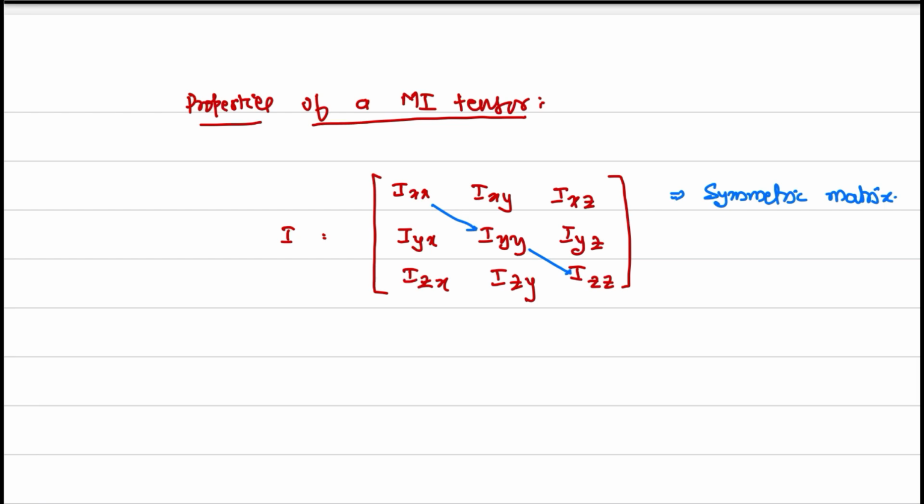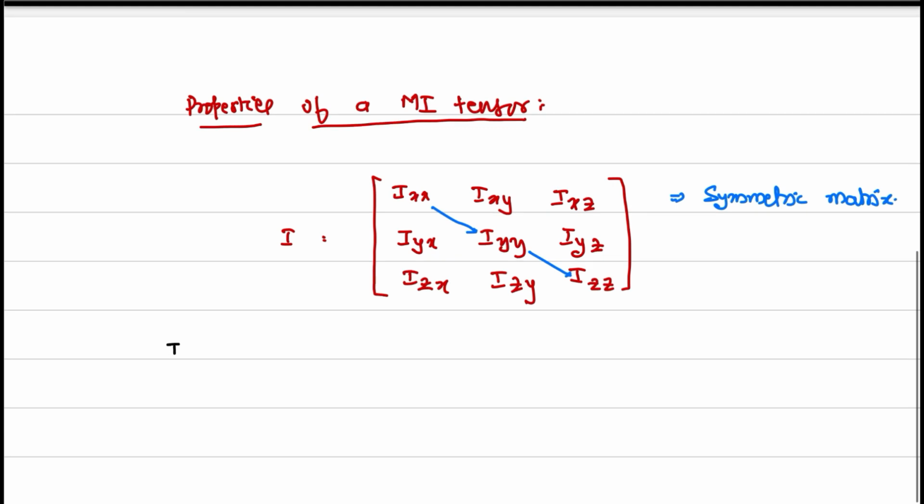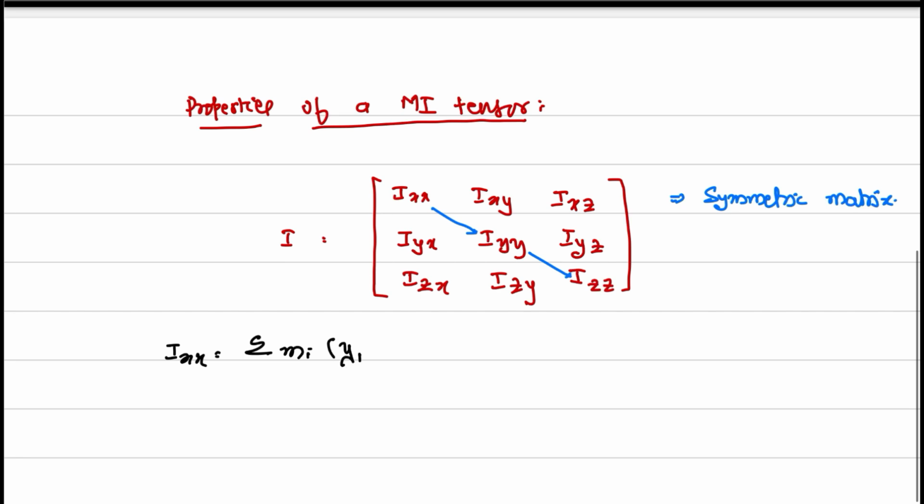Ixx is equal to, here we will define each and every term so that you will understand. Ixx is equal to sigma mi into yi square plus zi square. In the last class I have explained everything. Please refer to last class on this subject.